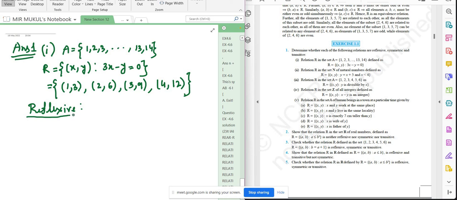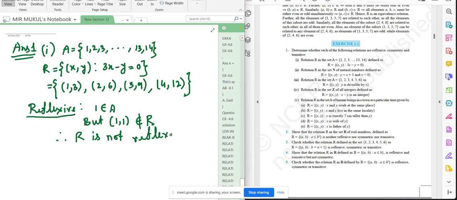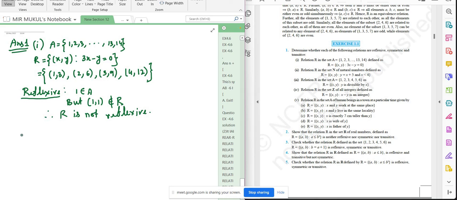If it is not reflexive, then one example is sufficient. 1 belongs to A, but (1, 1) does not belong to R. Therefore, R is not reflexive. If you are proving reflexive or not, and it is not reflexive, one example is sufficient.